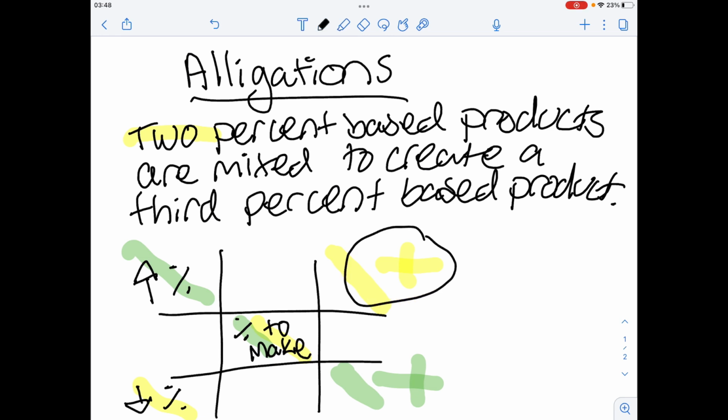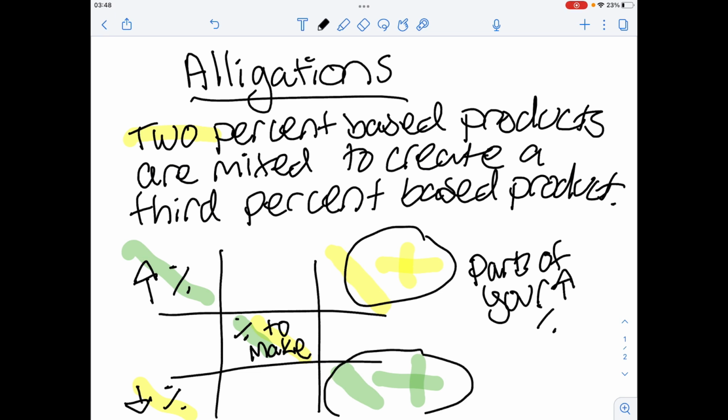This number will be your parts of your higher percent. And this number will be your parts of your lower percent.